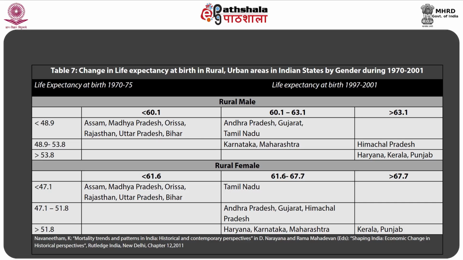Life expectancy of males in rural areas of Indian states, Table 7 shows that in Himachal Pradesh, Haryana, Kerala and Punjab, there is a marked increase in life expectancy at birth in rural areas from 48 plus to more than 63.1 during 1970-75 to 1997-2001.